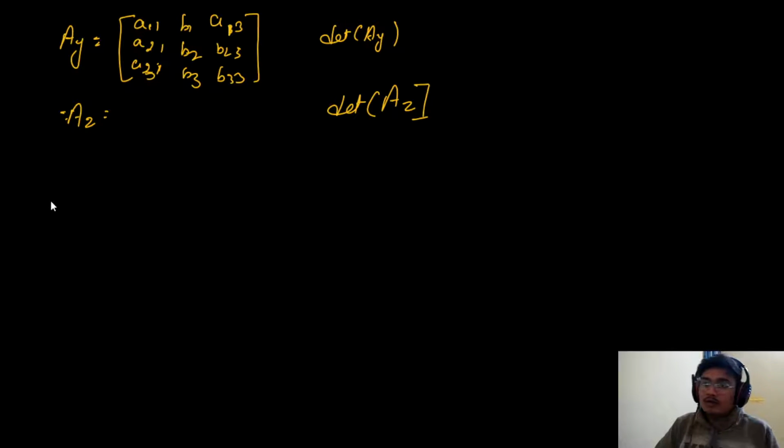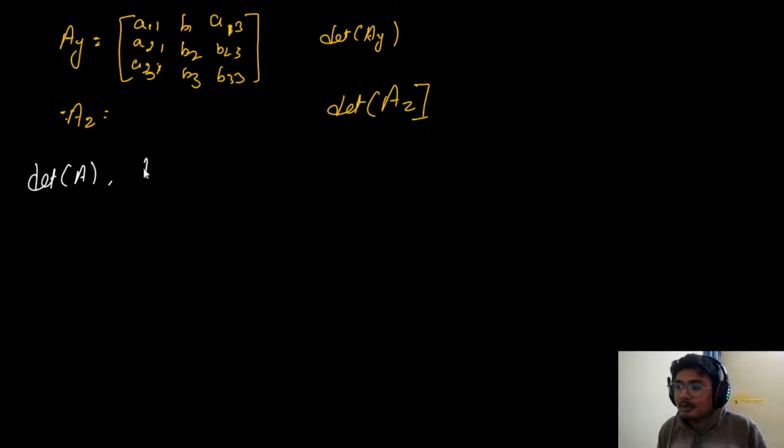Okay. Now what do we have? We have the determinant of A, determinant of AX, determinant of AY, and determinant of AZ.